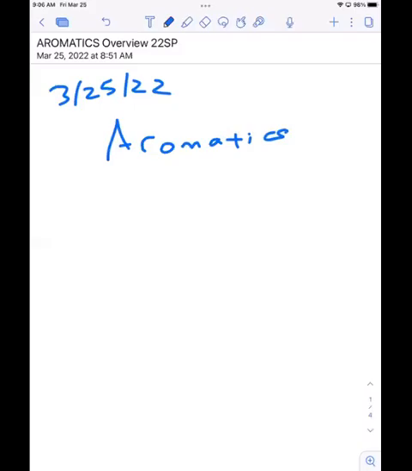So aromatics are a specific class of organic compounds, and they have a specific set of characteristics that they have to meet in order to be considered aromatics. So it's a class of compounds.